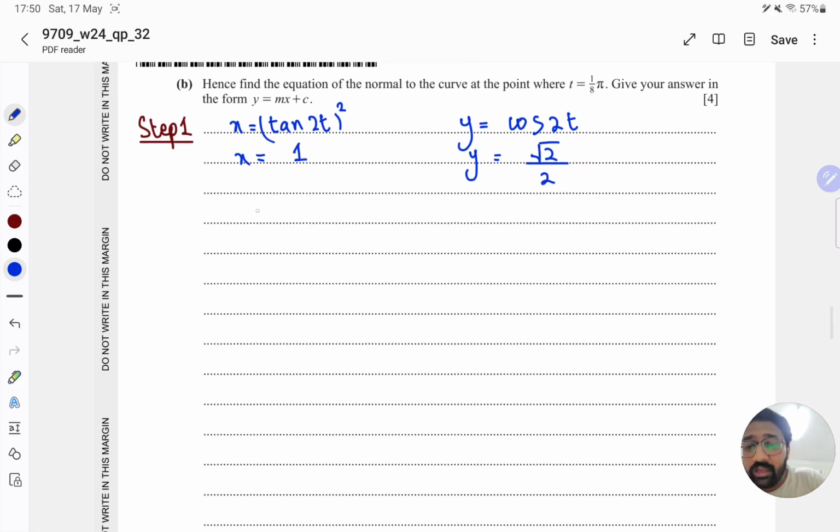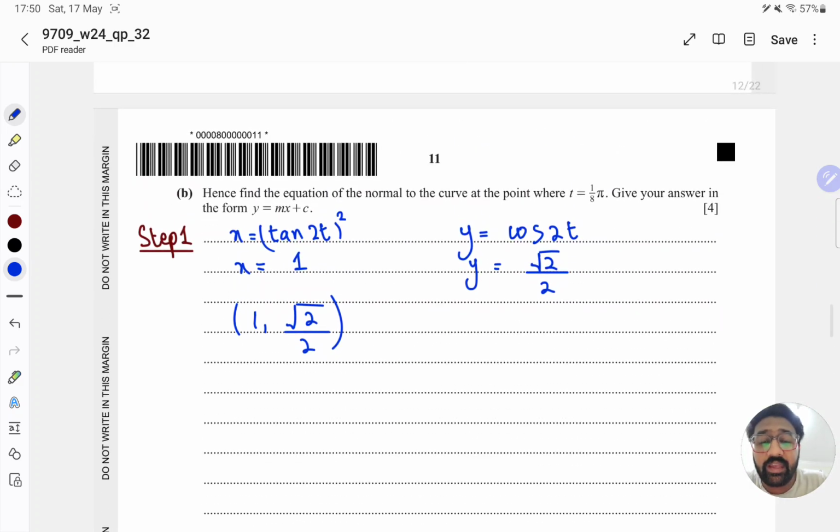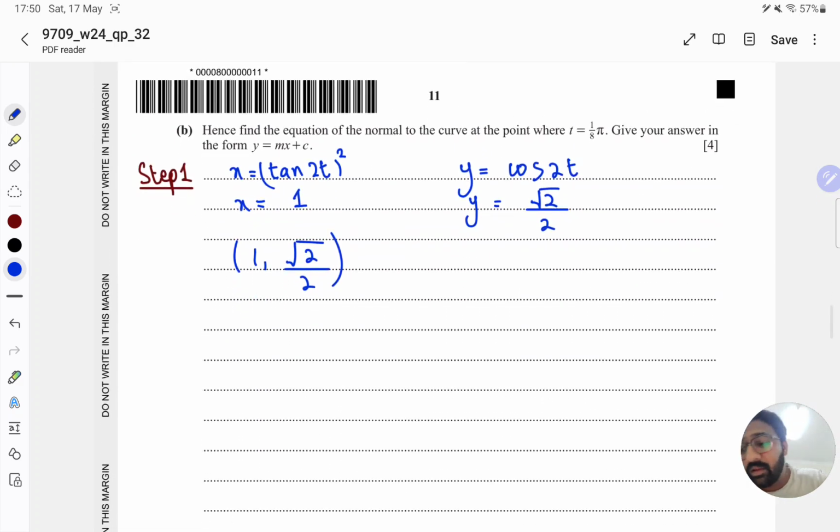Now I have the coordinates. Let me write them in the form of a point, which is 1 comma square root of 2 by 2. Now after that, for the equation I also need the gradient. For the gradient, let me write down step 2.